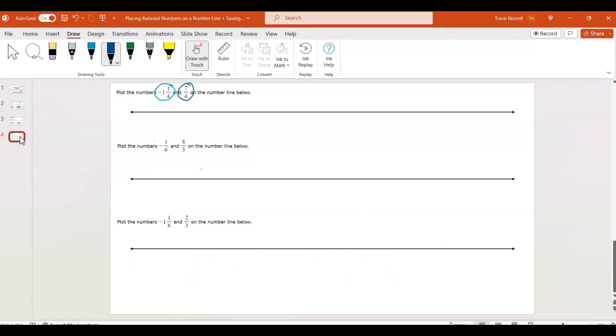All right, I think if we were to do one more number line, we could fit on there these last couple. So I'm going to come up here to +3.